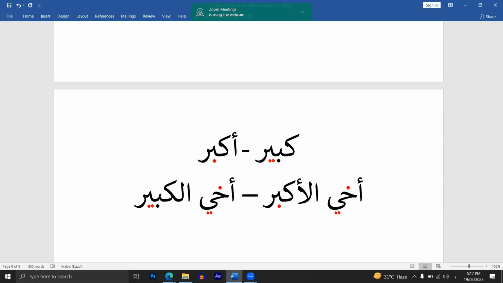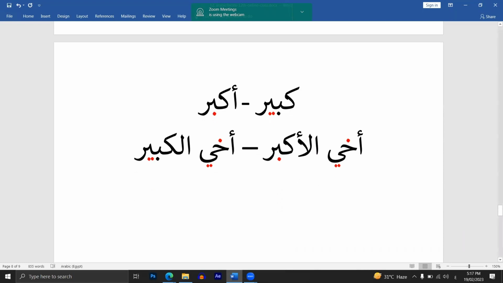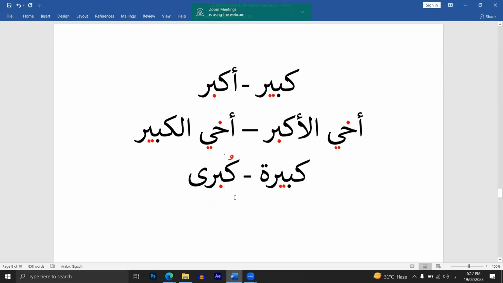But أخي الكبير, maybe he is older than me, but we still have an eldest brother. Okay? The feminine of these two adjectives: here we add only تاء مربوطة, and here we remove the ألف, كبرى. This one is marked with ضمة.